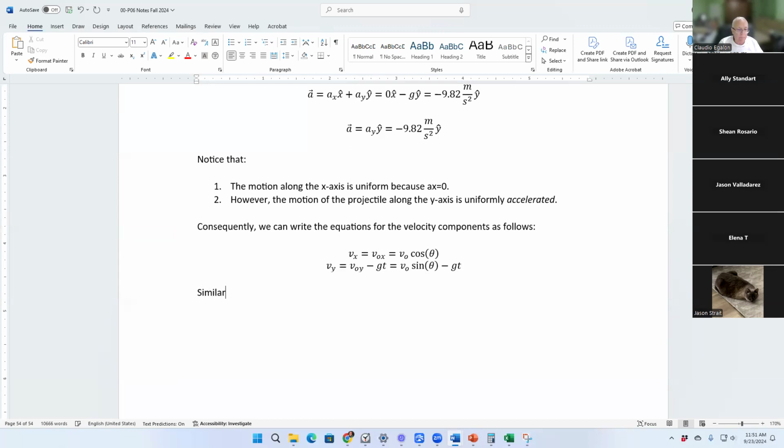Similarly, along the x direction the motion is uniform, and along the y direction the motion is accelerated.